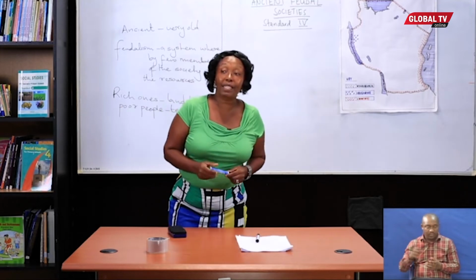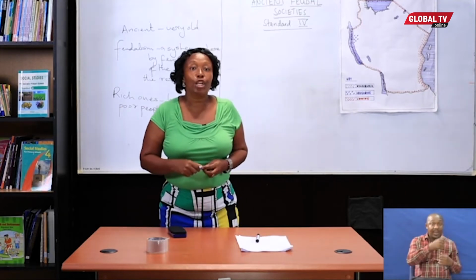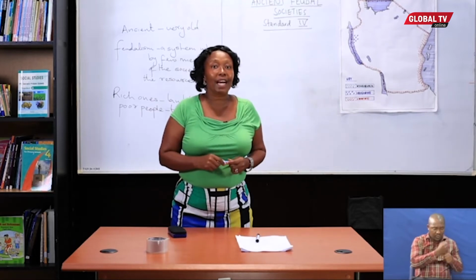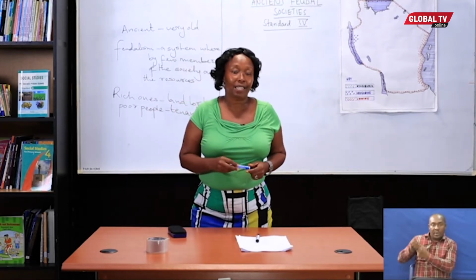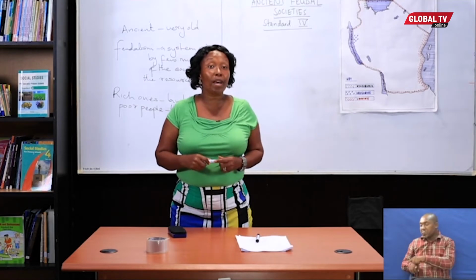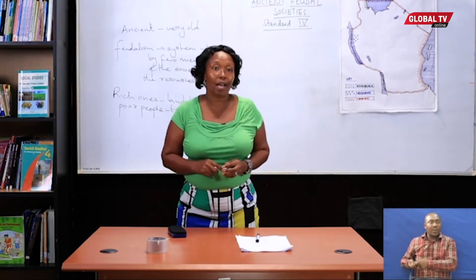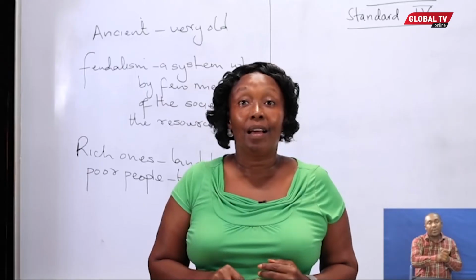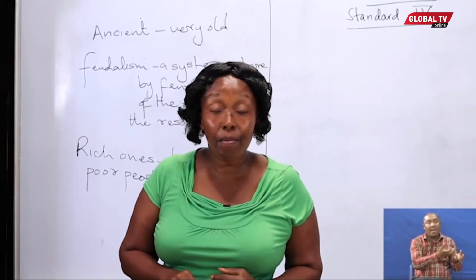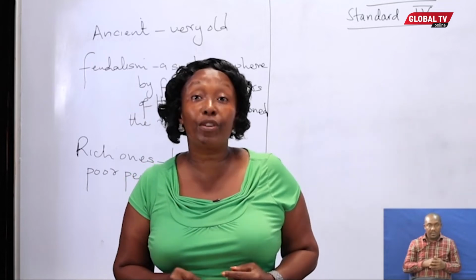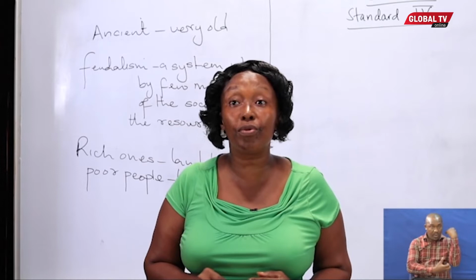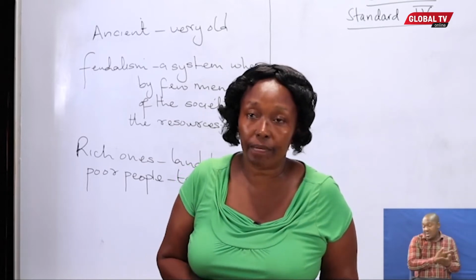Sometimes tenants used to work for landlords so that they could get their needs. So we have two groups here: the landlords who own the fertile and arable land, and the majority of the society who owned the poor land, which is not good for cultivation.